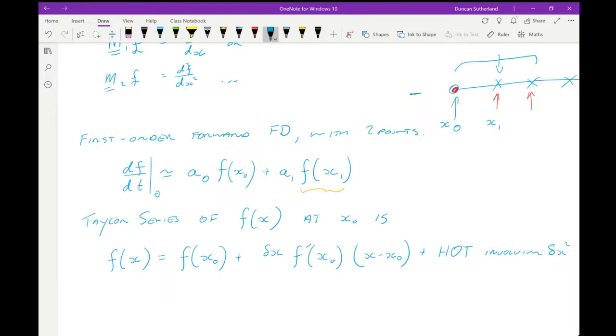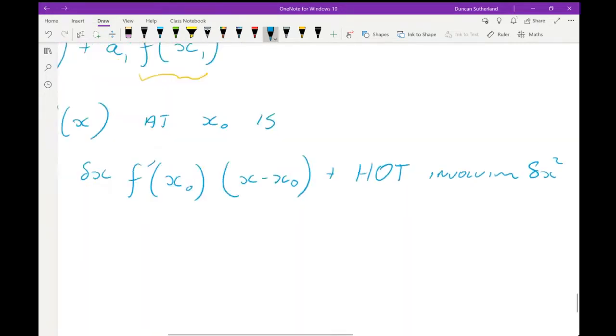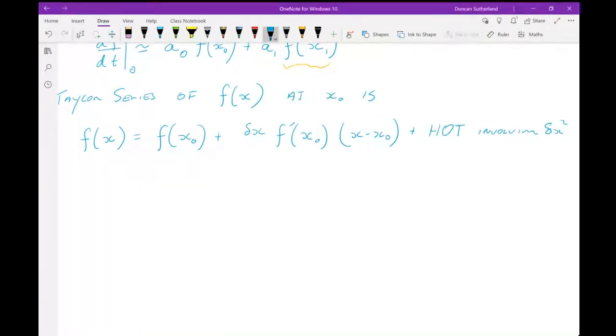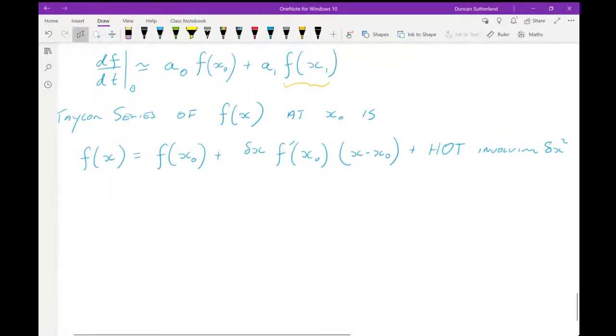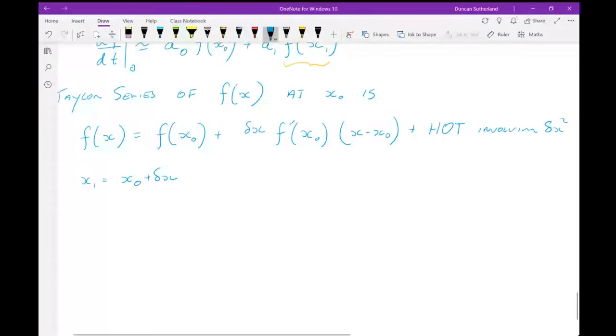I'm not going to write out what those terms are. I'm just going to say that they're there, and that's the kind of thing that we're going to neglect in our finite difference approximation. So we want to replace this f of x1 with this Taylor series. x1 is just equal to x0 plus delta x, so that's what we're going to replace this with.